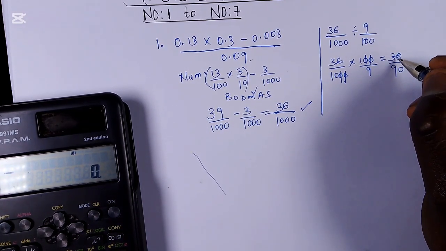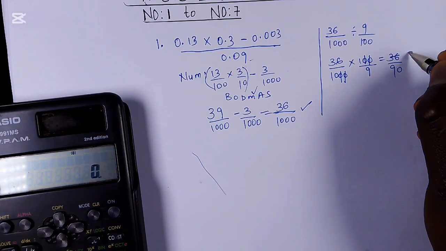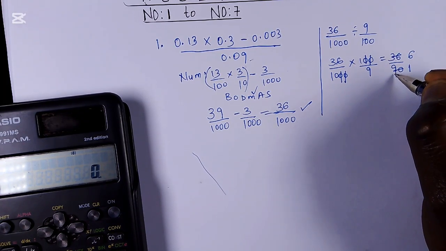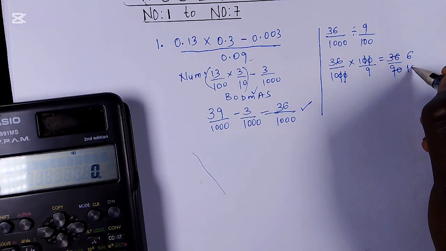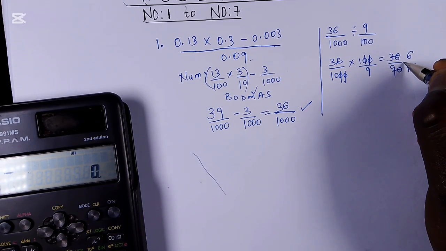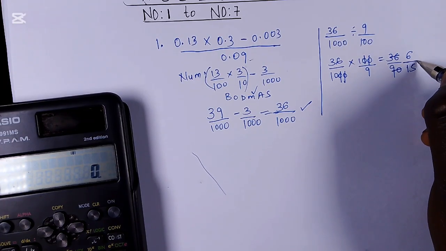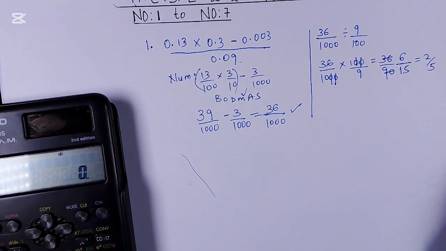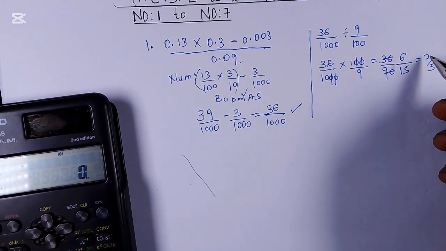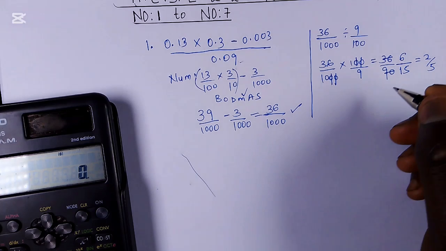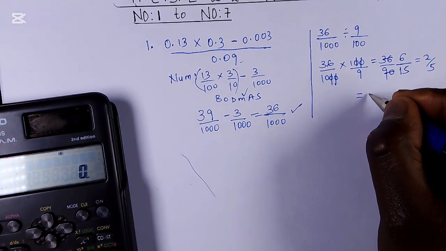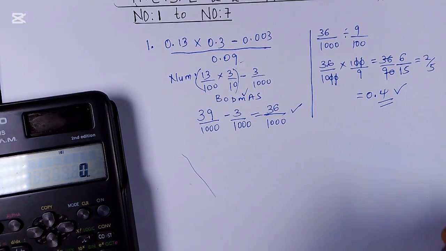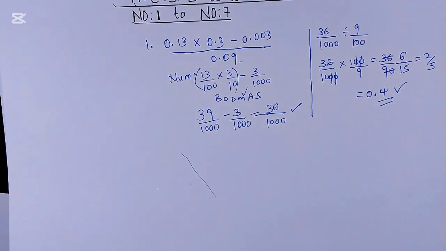That will give us 6 over 15, which is equivalent to 2 over 5 if we continue simplifying by 3. Our answer is 2 over 5, and we can express it as a decimal to be 0.4. That is our final answer. So we are done with question number 1.